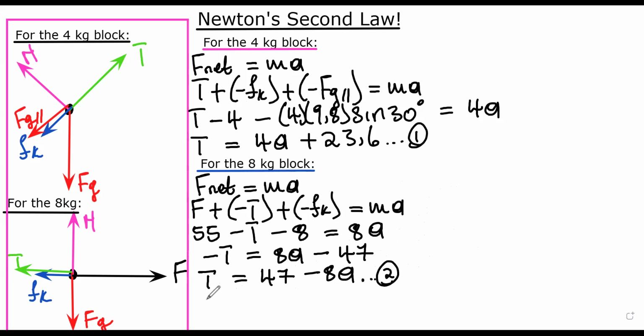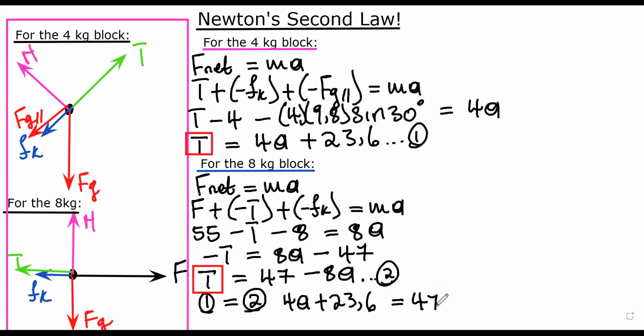Then I'm just going to equate the two equations because anyway, they are both equal to T. So they must be equal to each other. T is equal to T, right? So here we simply say 4A plus 23.6 is equal to 47 minus 8A.